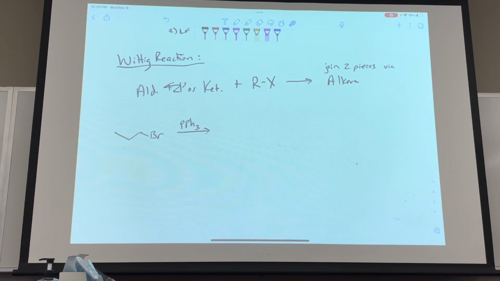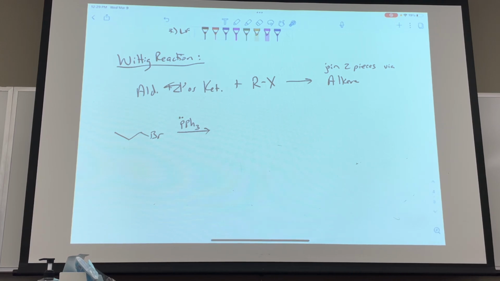Okay? So if you think about it, phosphorus, where it is on the periodic table, it's just below nitrogen. It's a group 5 atom. So it has a valence just like nitrogen, meaning it's going to be neutral if it's making 3 bonds and has its lone pair. And so that's what I've drawn here. So you've got the phosphorus, it's got 3 benzene rings on it, and it still has a lone pair.